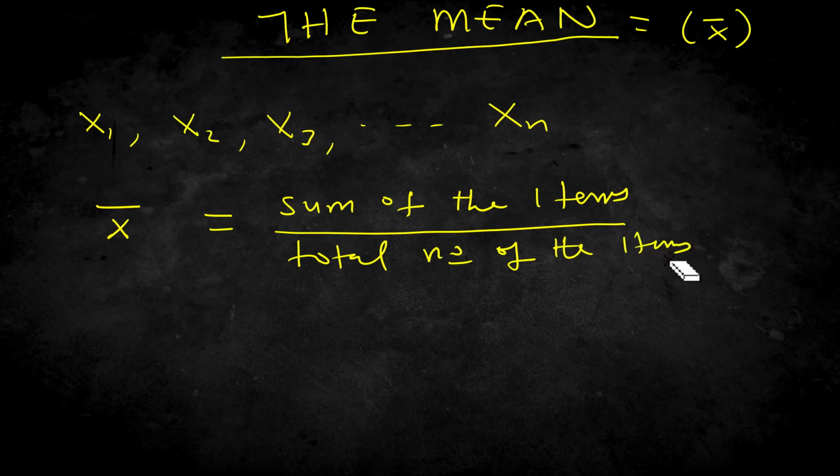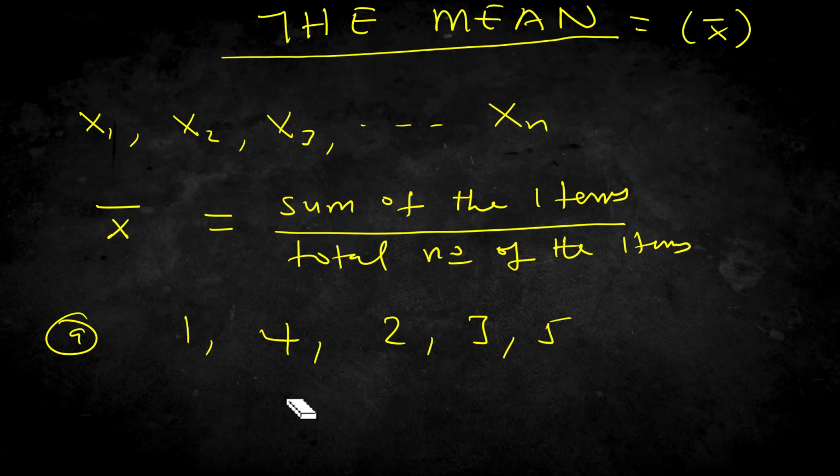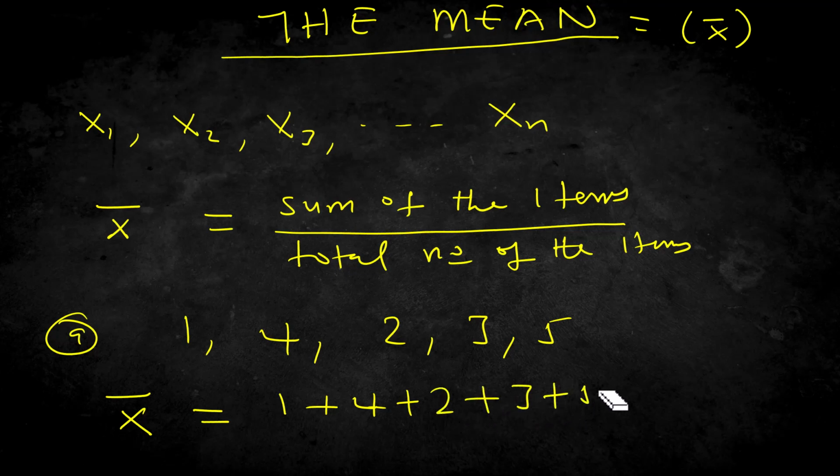Okay, so when we're asked to find the mean of the following: 1, 4, 2, 3, 5. I'll sum them: 1 plus 4 plus 2 plus 3 plus 5, over the total number.